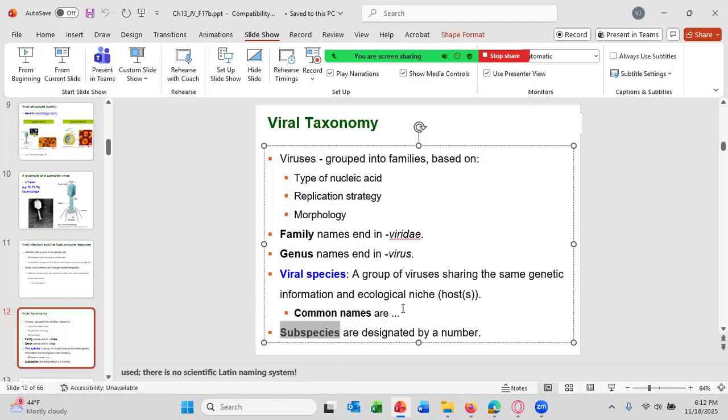Usually herpes simplex type 1 infects your oral mucous membranes in the face, causing a cold sore. And then usually herpes simplex type 2 infects your genitals and causes the sexually transmitted herpes disease.